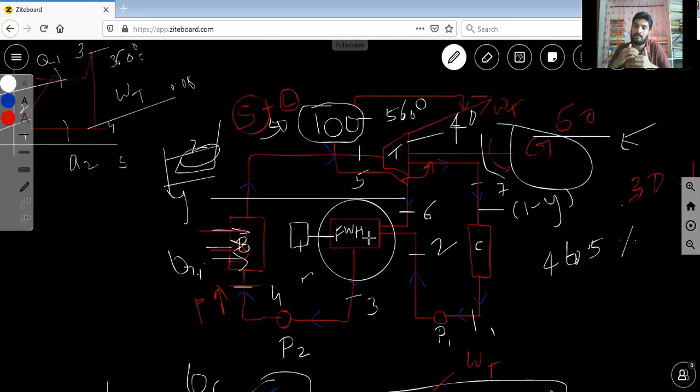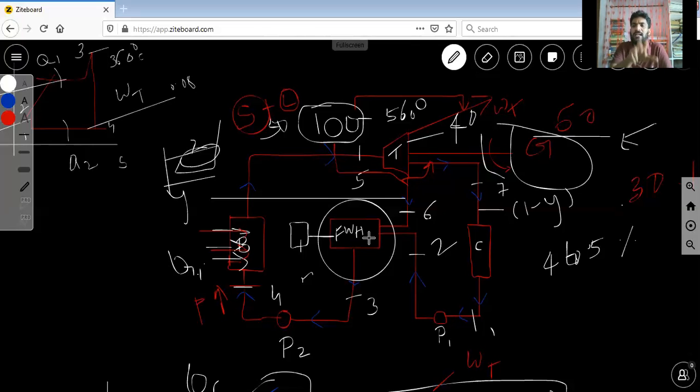Then that 40 percentage have chances of improving from 40 to 45. That 45 percentage is steam, remaining 55 percentage is water. That combination is entering into the boiler. That the boiler is converted to that remaining 55 percentage of liquid into steam.